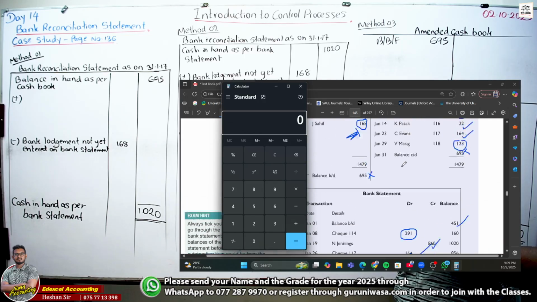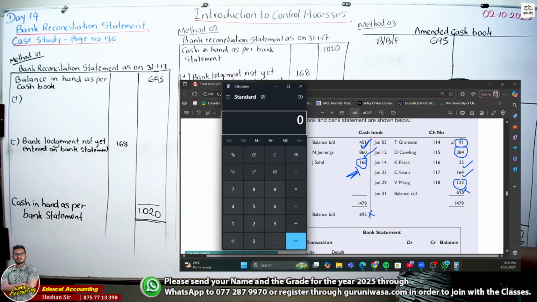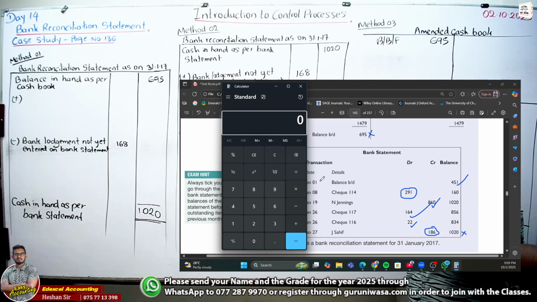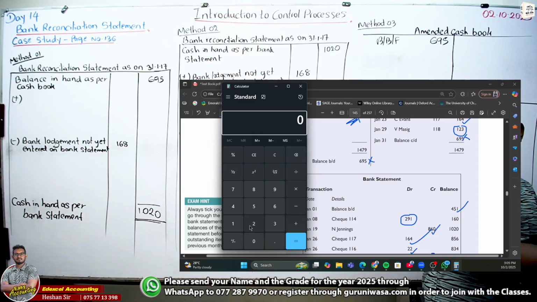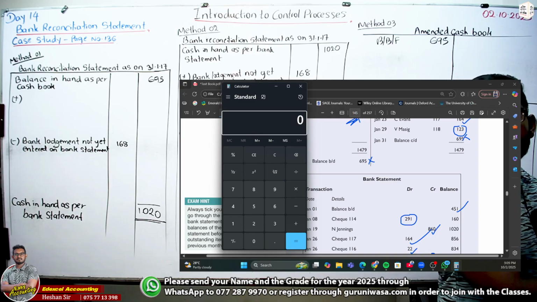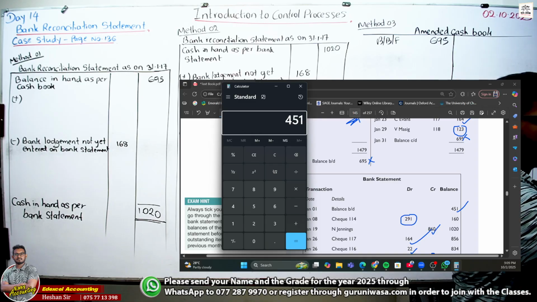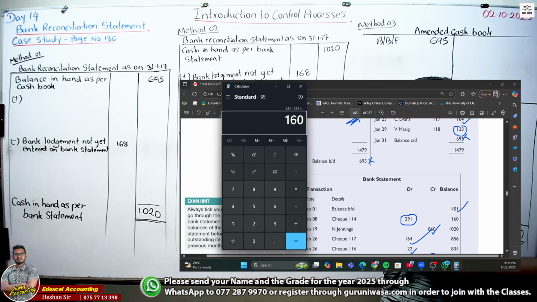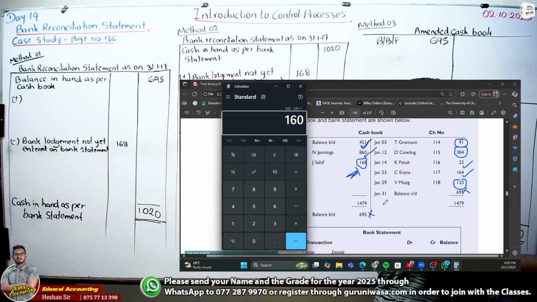Like in here, just see, in here check number 114 91, in here check number 114 290. Got it? Let's take 451 minus 291, 106. That is this kind of error as well.